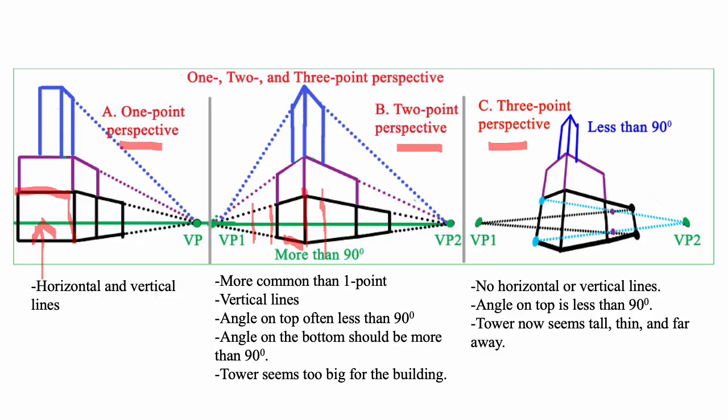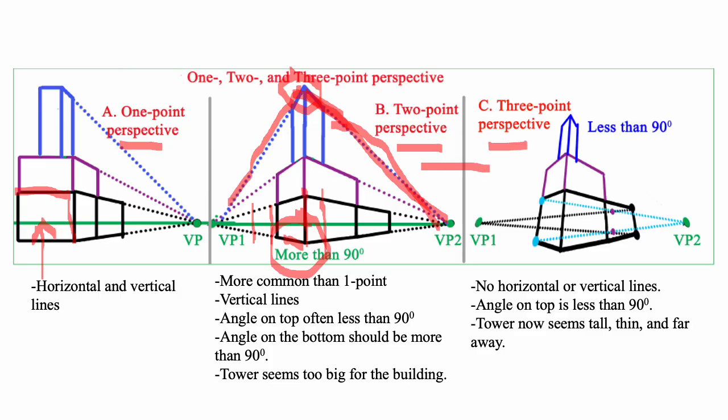In 2-point perspective, this angle has to be more than 90 degrees, and this angle up here can be anything. As it gets taller, it gets more and more angular. That's a mistake I used to make as a beginner, not realizing how far angled down these converging lines were. But look how big and clumsy this tower seems on top of this building.